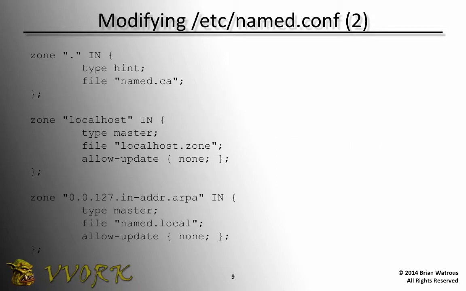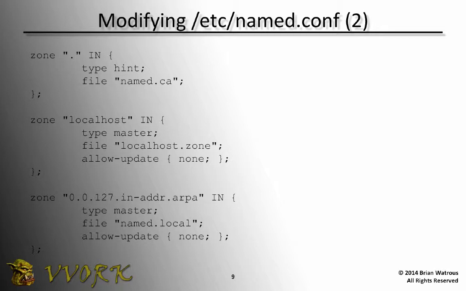Continue with the named.conf file. Everything that you see on this screen here is just taken straight out of the default named.conf file. There's actually 3 sections here, or zones. The first zone gives us information about where DNS needs to go in the situation where somebody asks DNS to look up the IP address for a name that this DNS server doesn't know about.